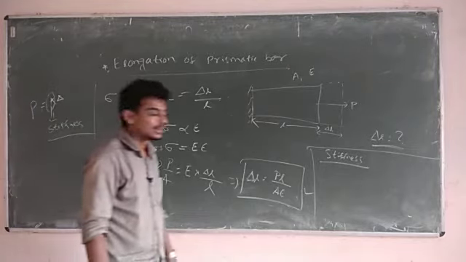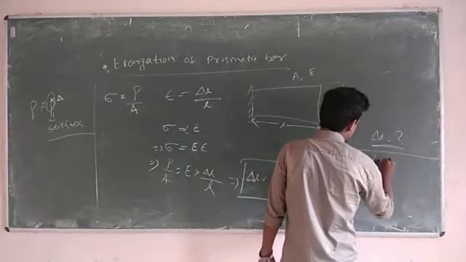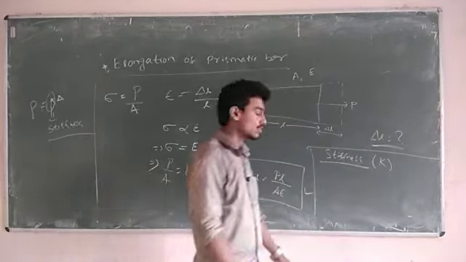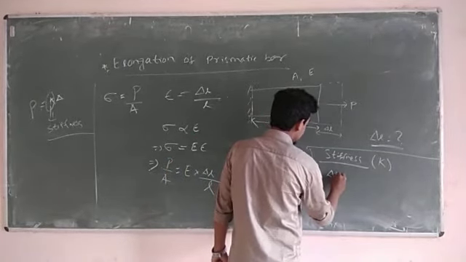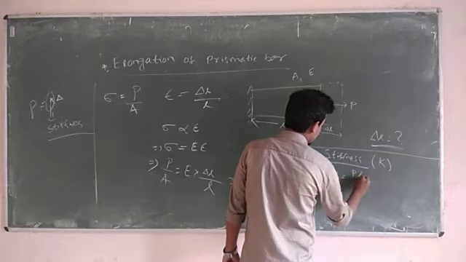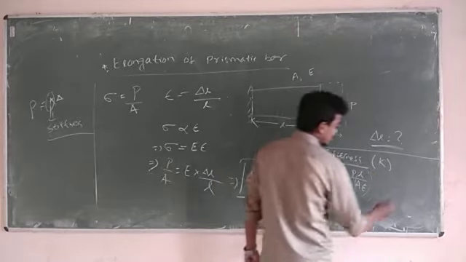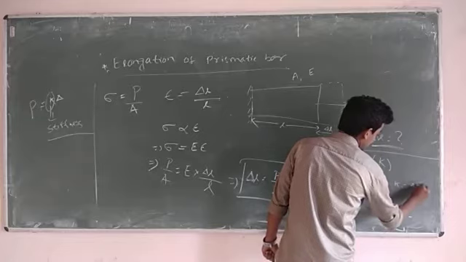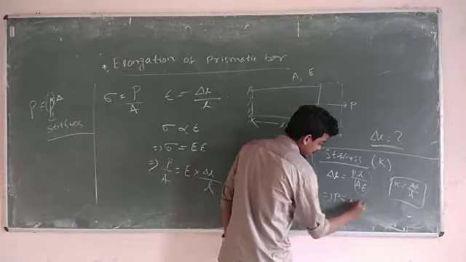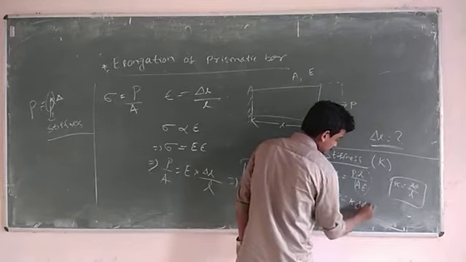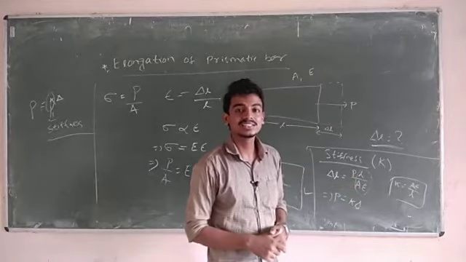Now how will we find out K? Suppose I denote stiffness as K. I can write delta L equal to PL by AE. If I take this term as K, that is K equal to AE by L, then I can write P equal to K delta. Yes or no? Because if we put K equal to AE by L, the formula remains as it is.